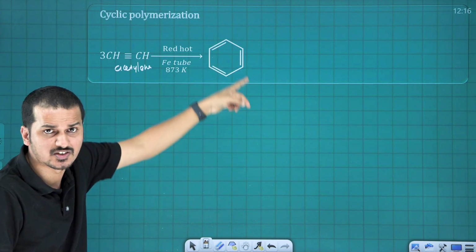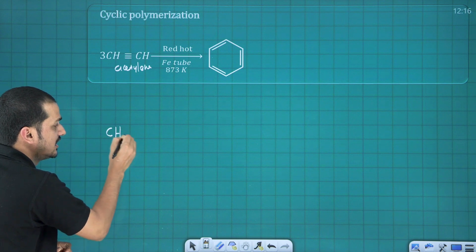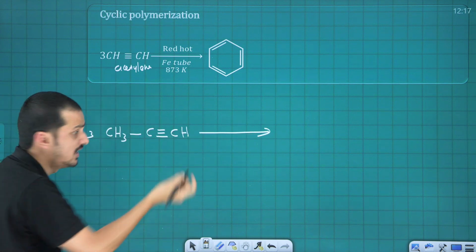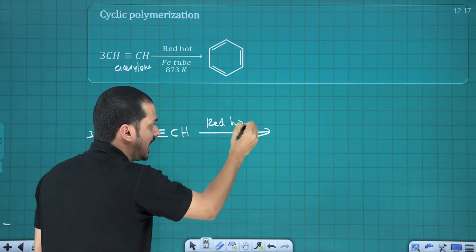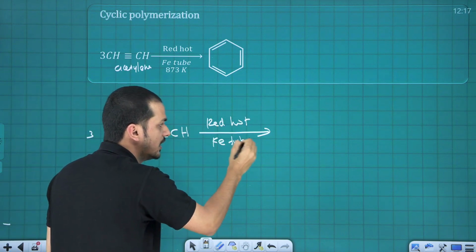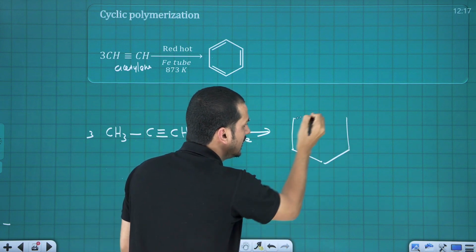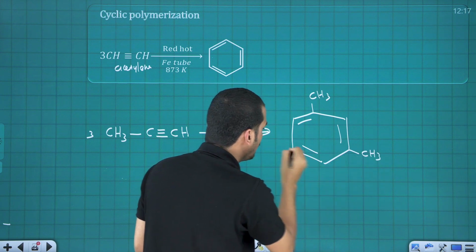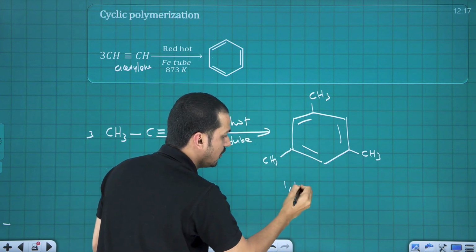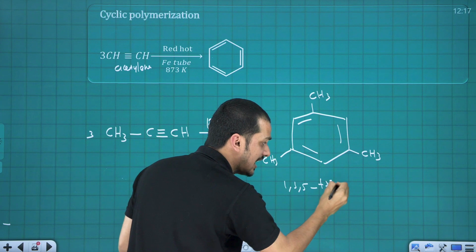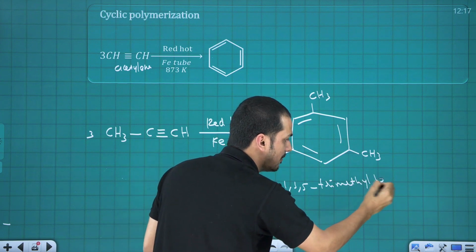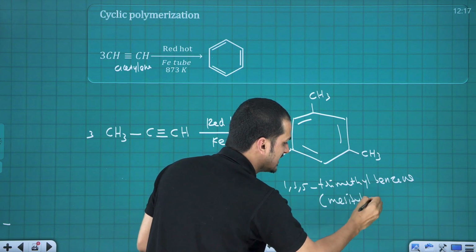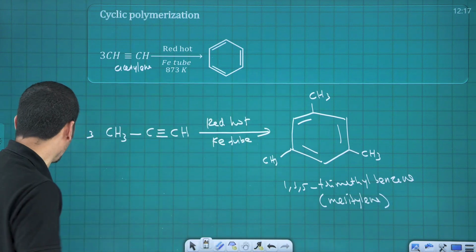And if I take propyne, CH3C≡CH, three molecules, and treat it with a red hot iron tube, your product will be 1,3,5-trimethylbenzene. This is what is called mesitylene. You have to keep that idea in mind, guys.